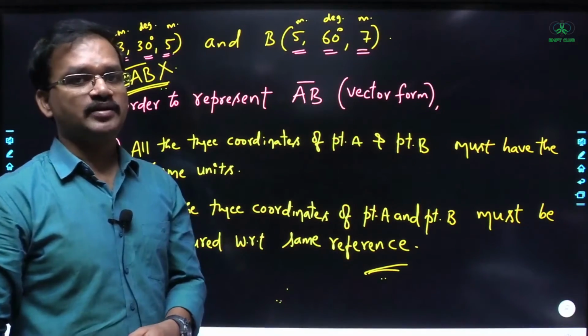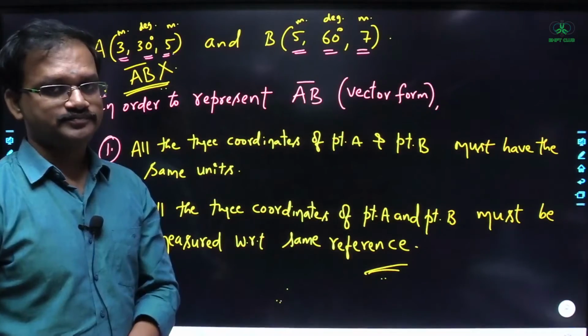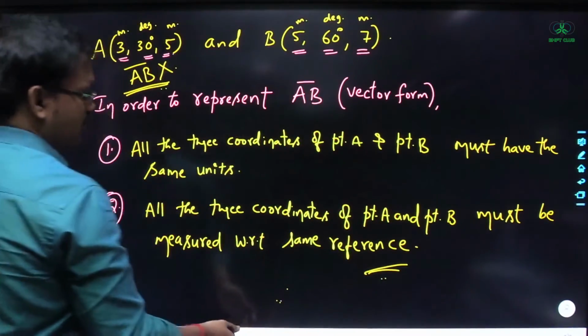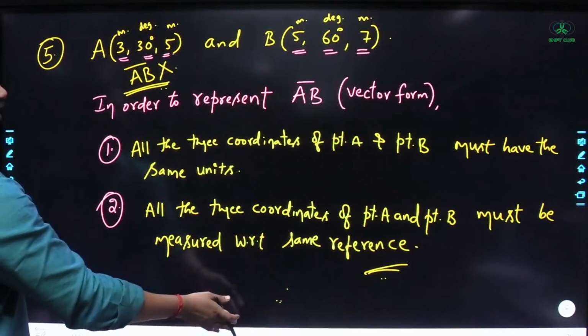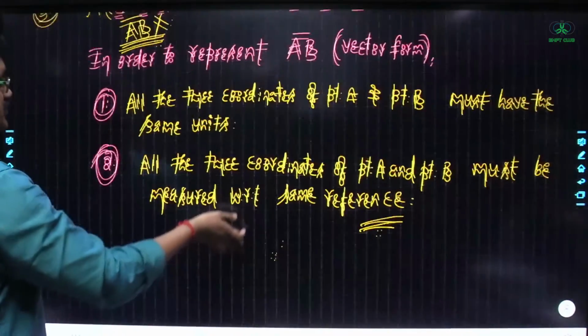Then we can happily represent it in the form of AB bar. So in order to represent it as AB bar, we have to convert this into rectangular coordinates, right?